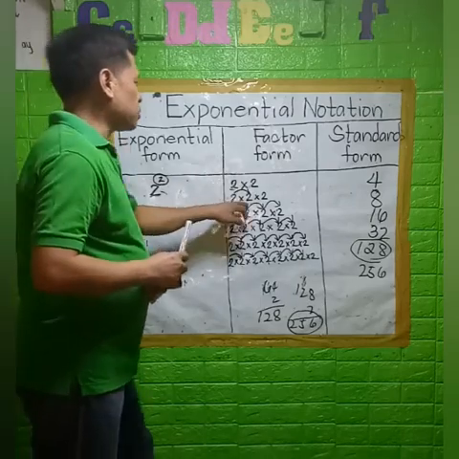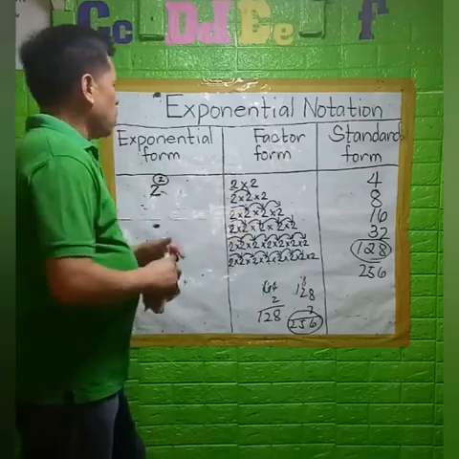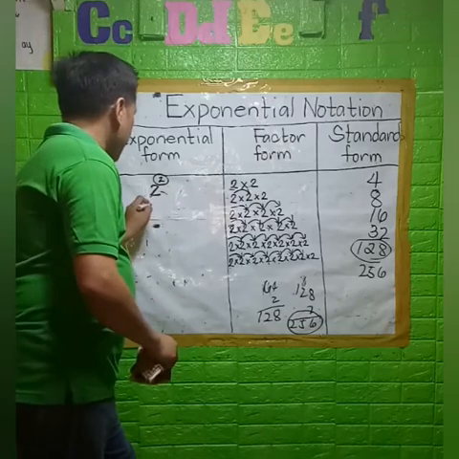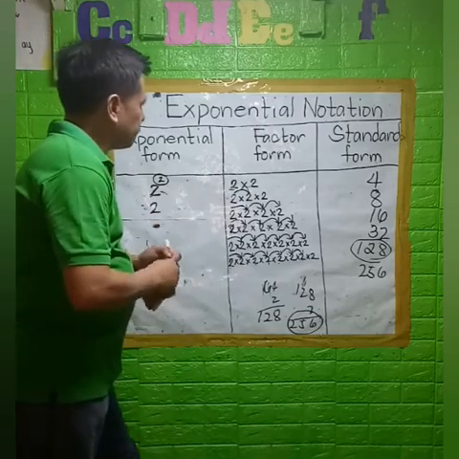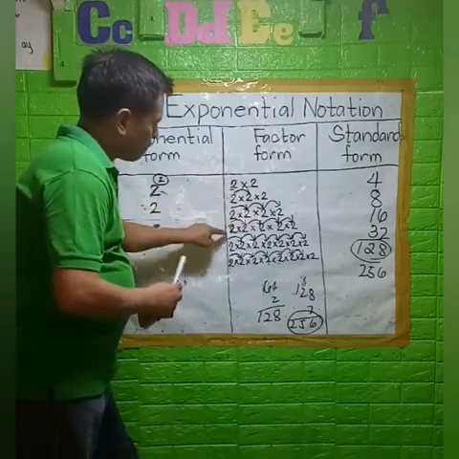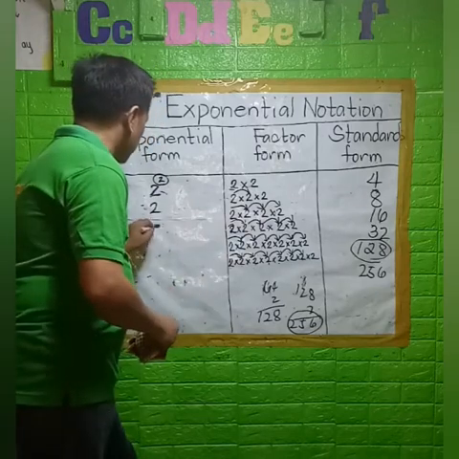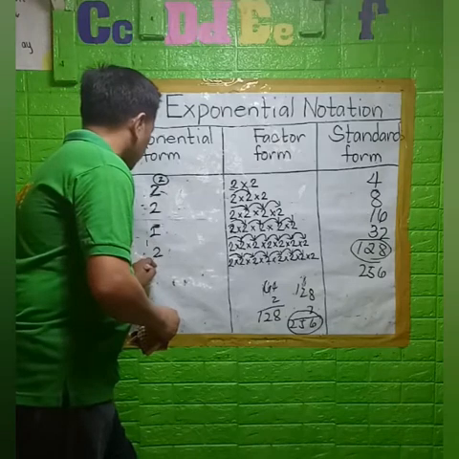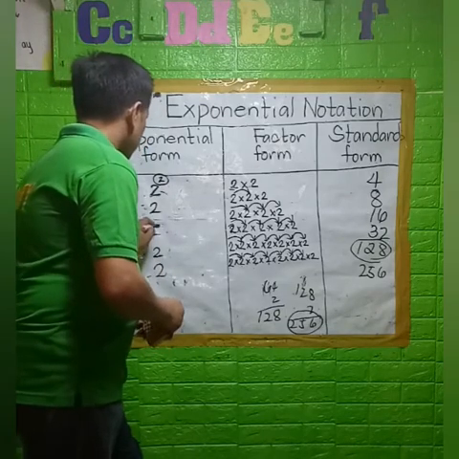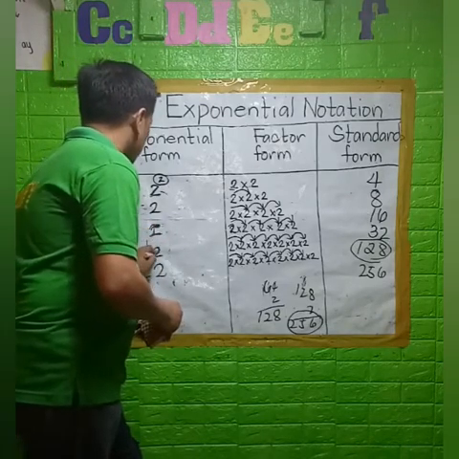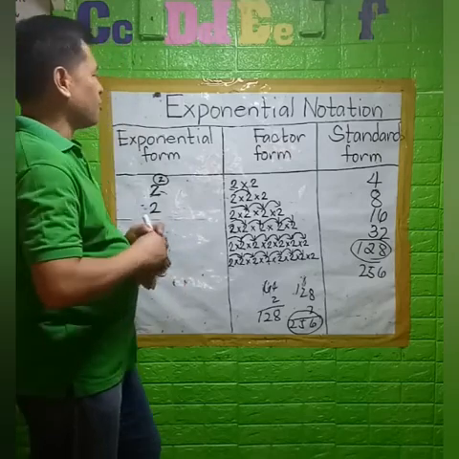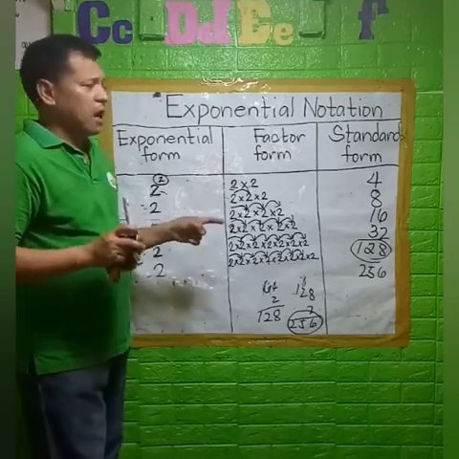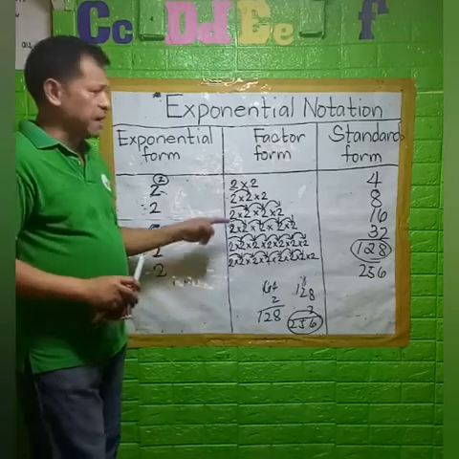Next, 2 times 2 times 2. So again, the base that we have is 2. Now all we have to do is count how many times we are going to multiply the base.